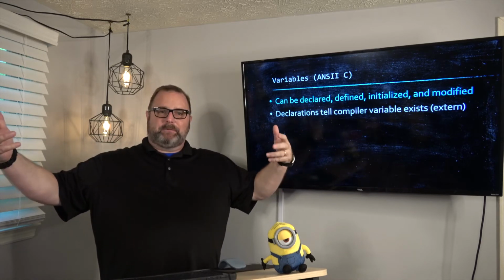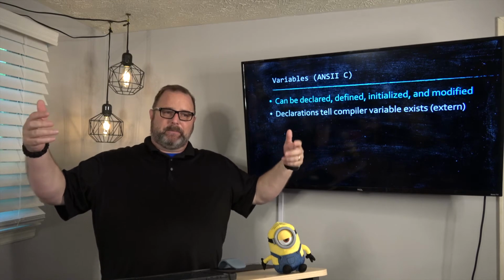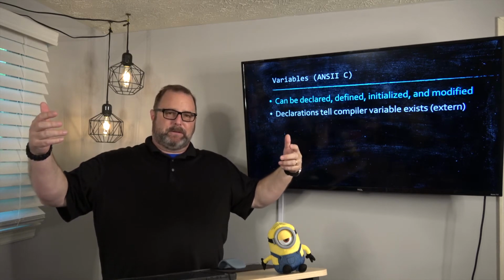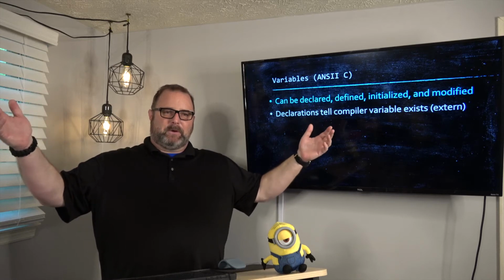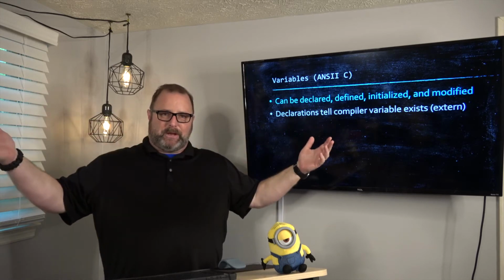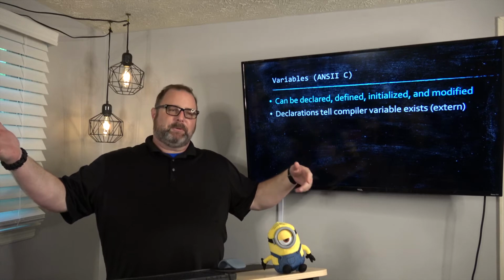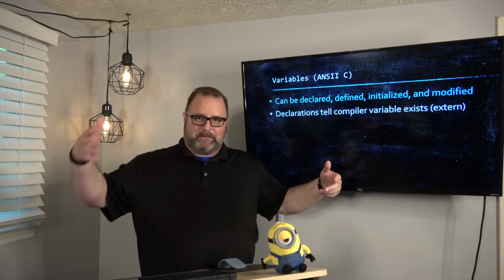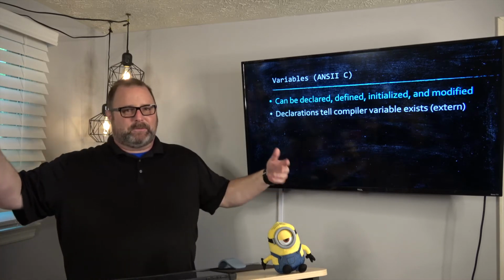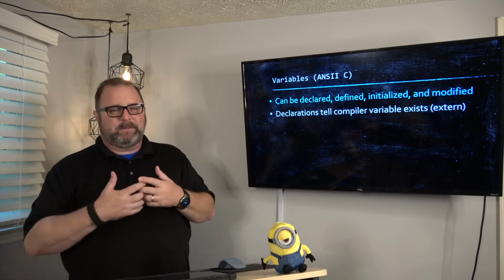I may reference a variable over here, and the compiler may get to it and go, wait, does this really exist? But since it's already gone through its declaration checks, you haven't defined it yet, but it's declared over here, so I'm going to trust that this does exist.